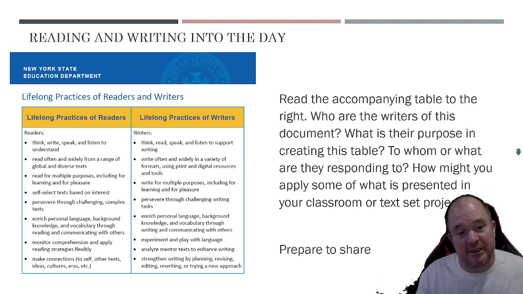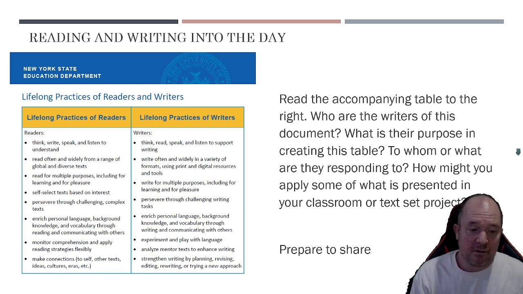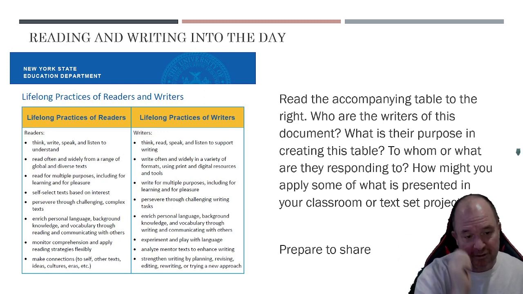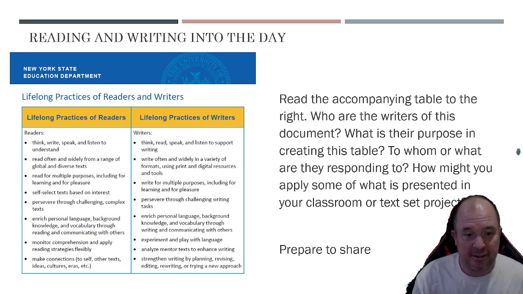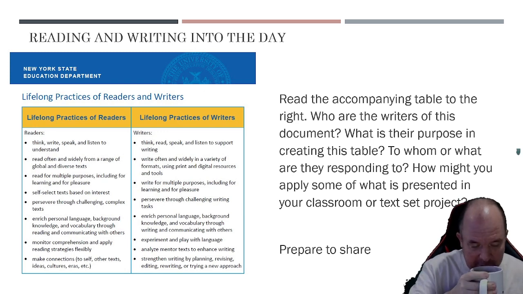So how could you as a teacher take something, even if you're not ELA, and do something with your students that are in one of these two columns? And then share this on the discussion thread, and then I will come into the discussion thread and maybe tell who exactly was involved in writing these statements.